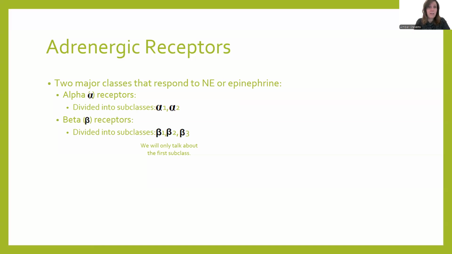A side effect of epinephrine or norepinephrine in our anesthetic is that if you inject your anesthetic into a blood vessel, it's going to send that anesthetic and the epinephrine to your heart, and patients may say their heart starts racing and beating really fast.